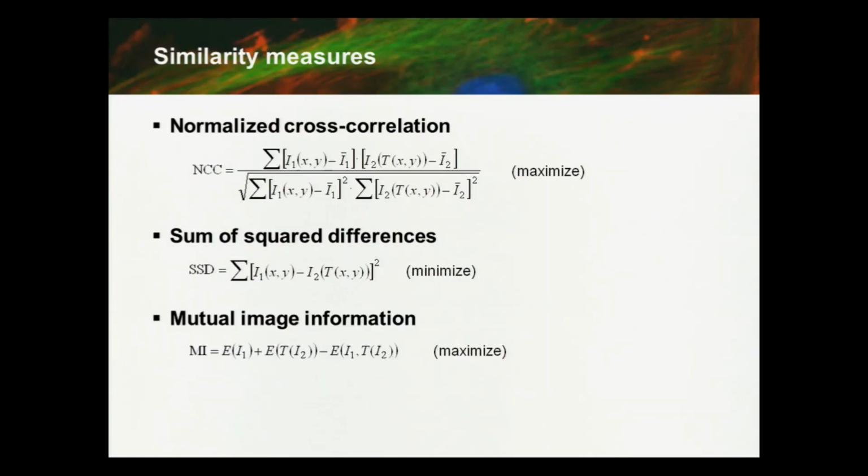And another one is mutual information, which is always a bit vague, maybe. It's much more a statistical kind of approach. It consists of 3 terms: the entropies of the individual images, where the second one is transformed, minus the joint entropy of the 2 images taken together. And this is also to be maximized. All these measures are only computed for the overlapping regions.